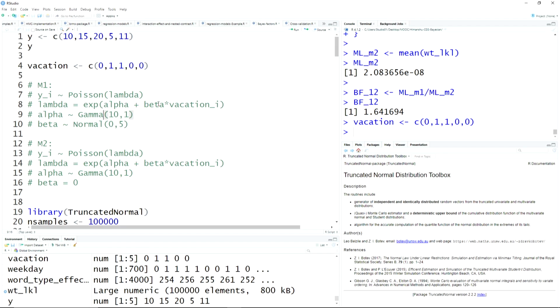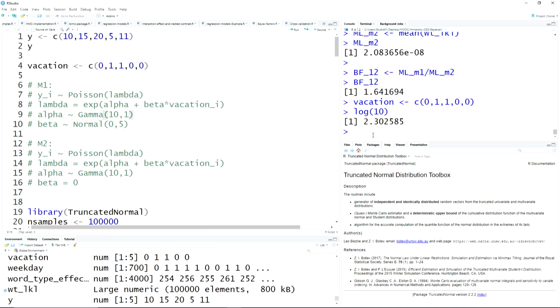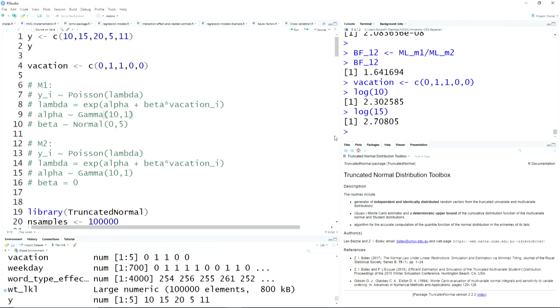By the way, this gamma prior is not very good. So, you should think about what would be log 10. That should be the range of alpha. So, let us think what would be log 10, log 15, right. Yes, so somewhere around, let's say 2.5.